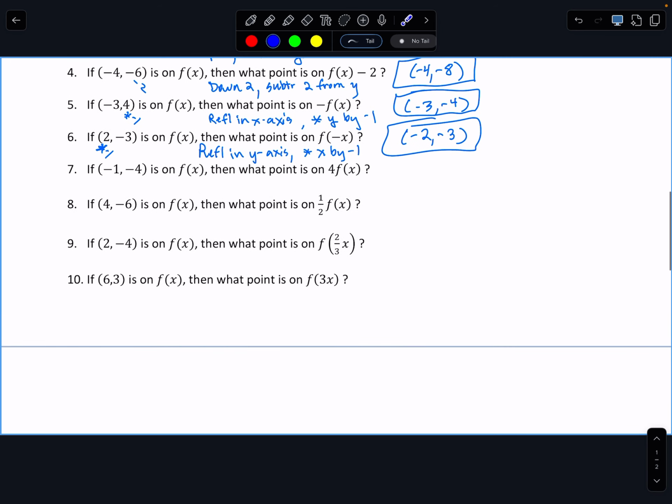And so when it's greater than 1, you have a vertical stretch and you need to state the factor by 4. And that means you multiply y by 4. So you're going to take this y times 4, and it's going to end up at negative 1, negative 16.